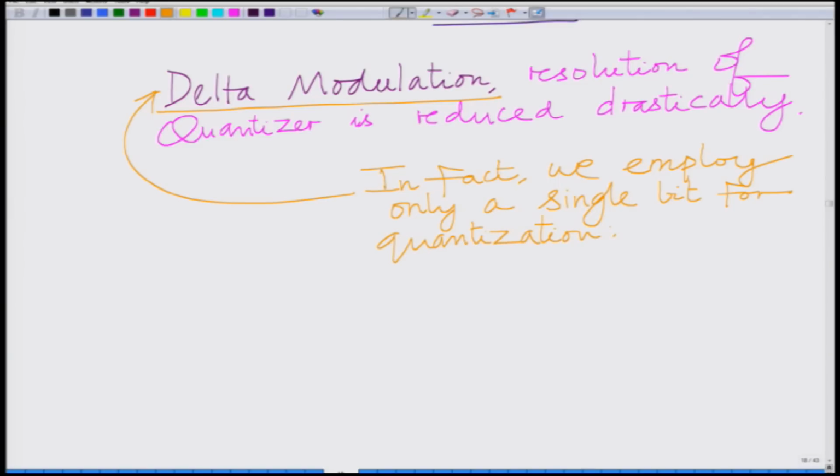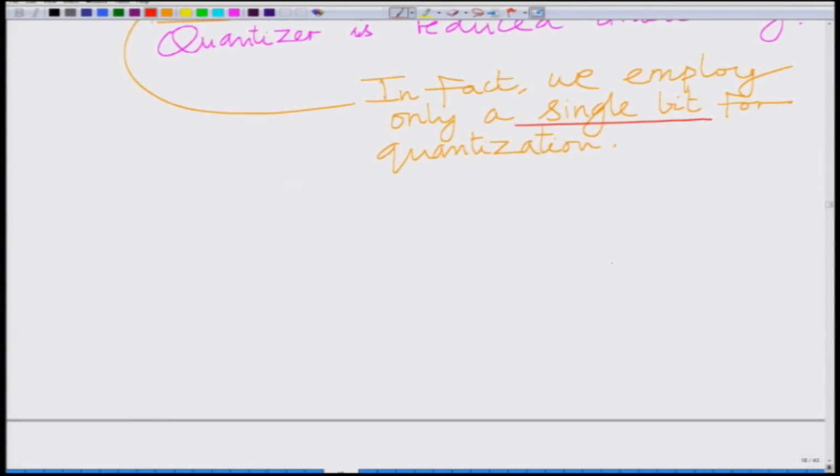In fact, we employ only a single bit before quantizing. That is the important aspect of delta modulation. Okay. Now, how do we do it in delta modulation?